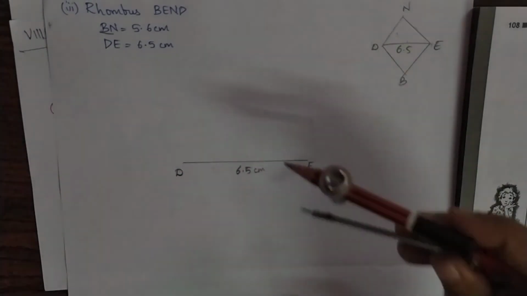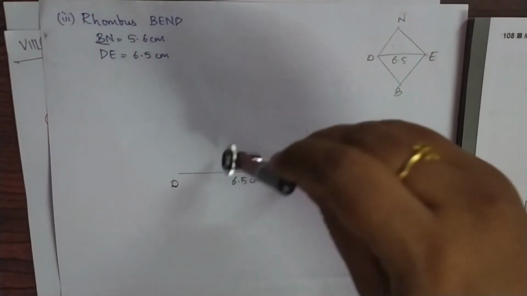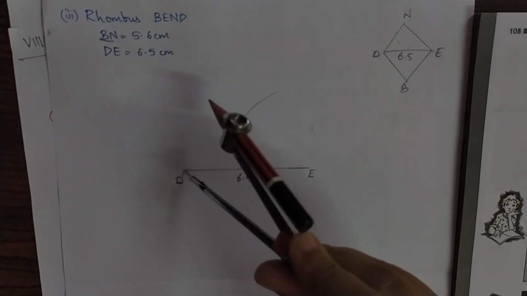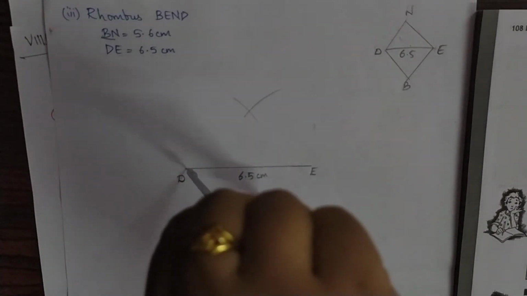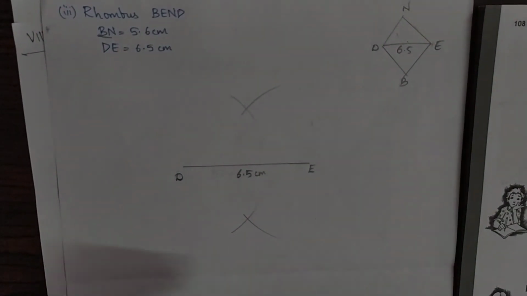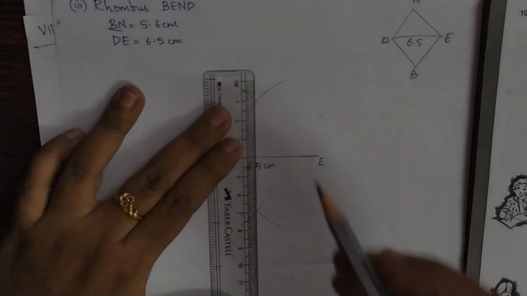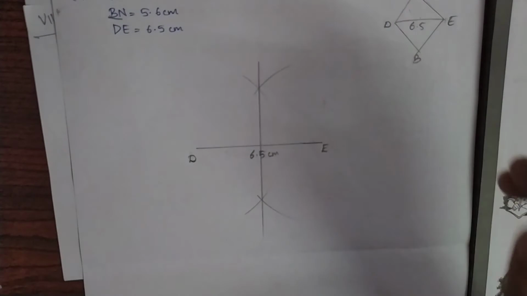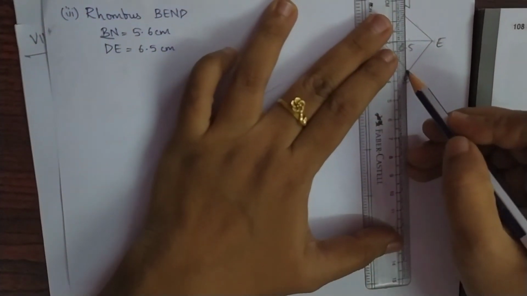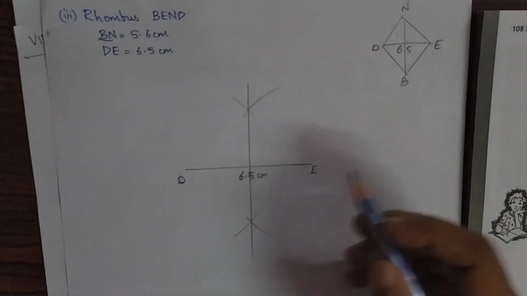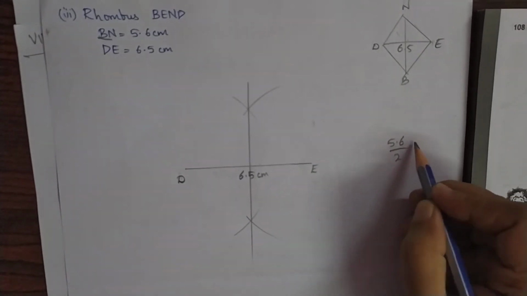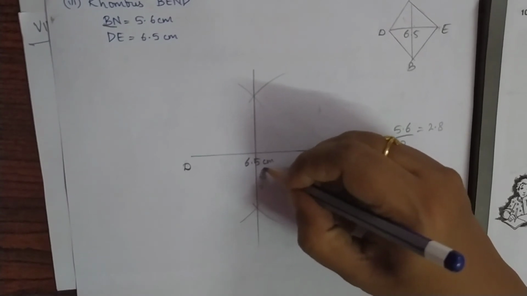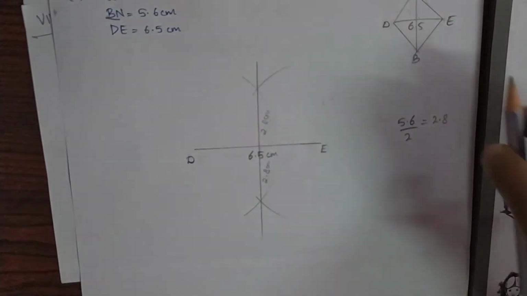Now I am going to draw the perpendicular bisector. Take more than half, cut arcs, and draw the perpendicular bisector. Okay. Now this is the diagonal. I'll just join it. Now this is the other diagonal, BN. BN should be 5.6. What is half of 5.6? It is 2.8. So here it should be 2.8 centimeters and here it should be 2.8 centimeters.